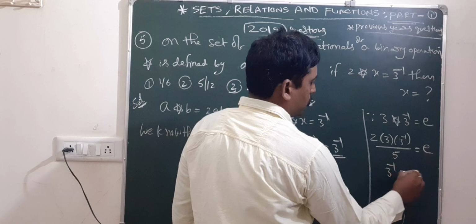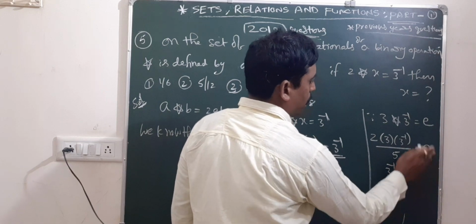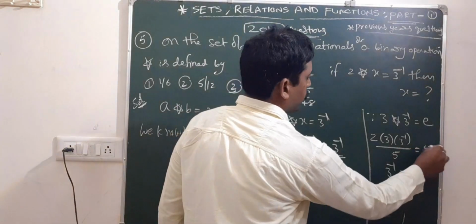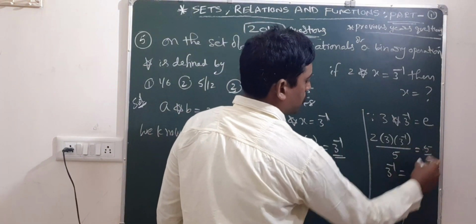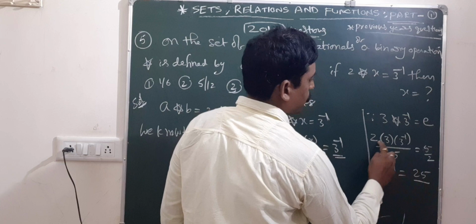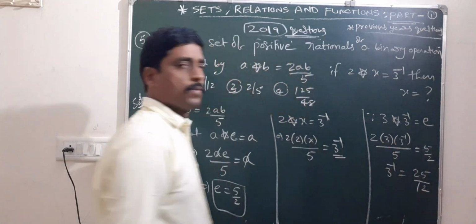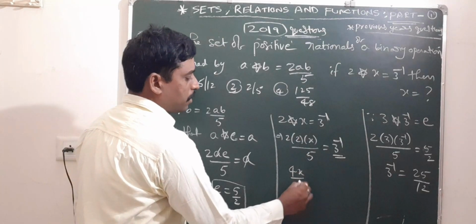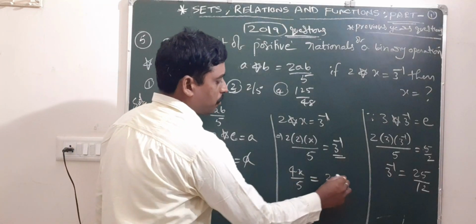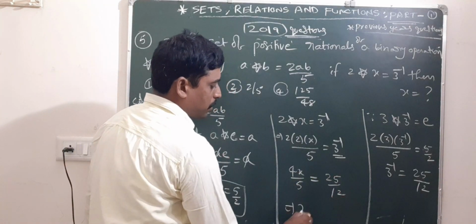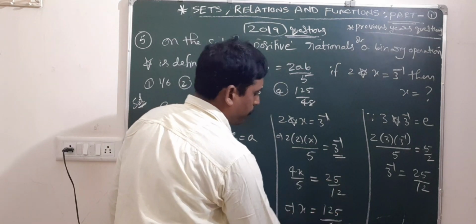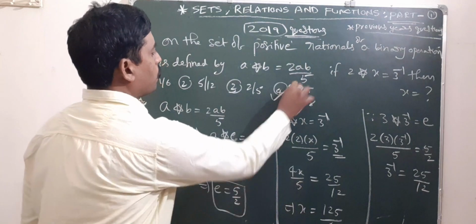Therefore 3 inverse is equal to e value, already we got 5 by 2, divided by 6 by 5, so 3 inverse is equal to 25 by 12. Now 4x by 5 is equal to 3 inverse value 25 by 12. Therefore x is equal to 125 by 48. So which option is correct? The fourth option is correct.